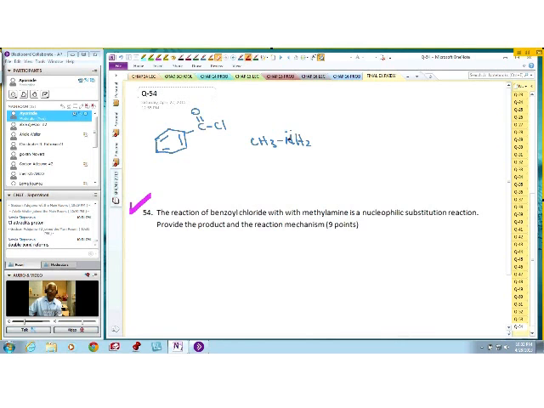The methylamine acts as a nucleophile because this is a nucleophilic acyl substitution reaction. This pi electron goes to oxygen. This is a classic case of nucleophilic acyl substitution reaction. So now you have this. And that is how all of these nucleophilic acyl substitution reactions occur.